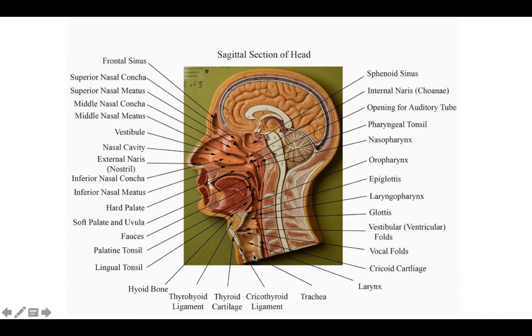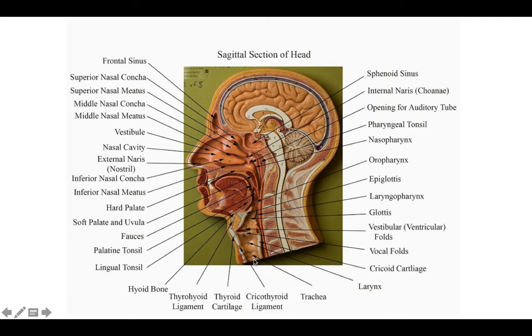And now we're going to go into the trachea. You're going to have the rings of cartilage that make up the tracheal rings. Air is rushing through the larynx, through that glottis opening if it's open, and then into the trachea.